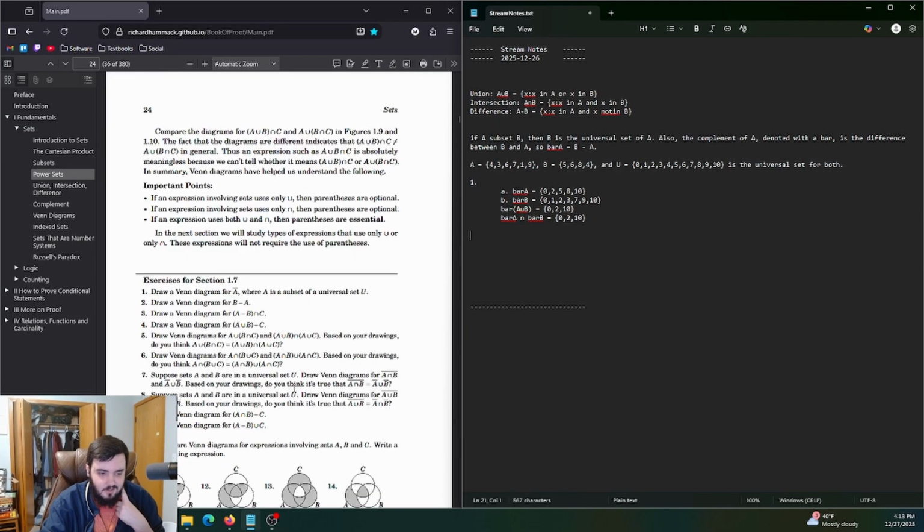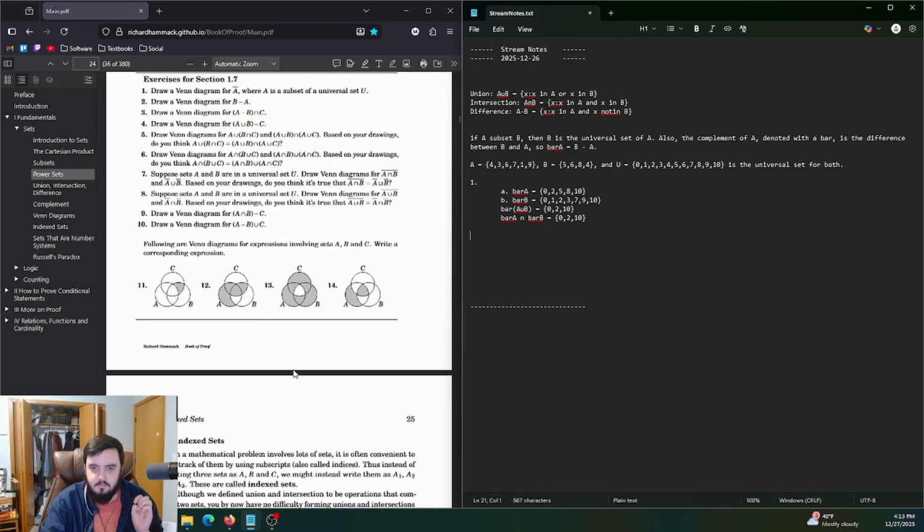Well, you think we're going to draw some Venn diagrams? No, we're not going to do that. Oh, this is kind of fun, though. Let's do these. Section 1.7 Venn diagrams.